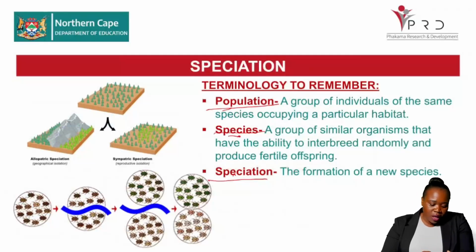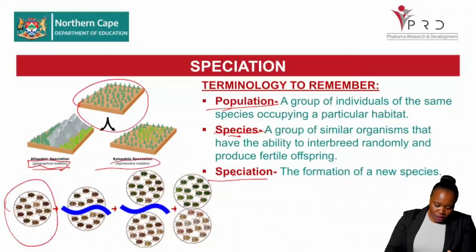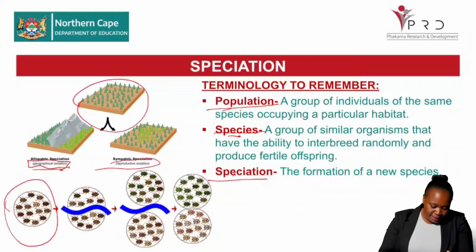So remember, here we would usually start off with one population. That population will be separated into two species, and it can either be allopatric speciation, whereby it is by a geographical barrier, or sympatric speciation due to reproductive isolation mechanisms. Right. Okay.